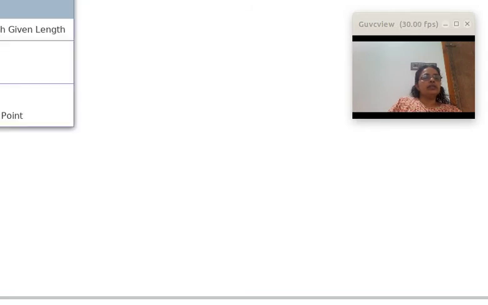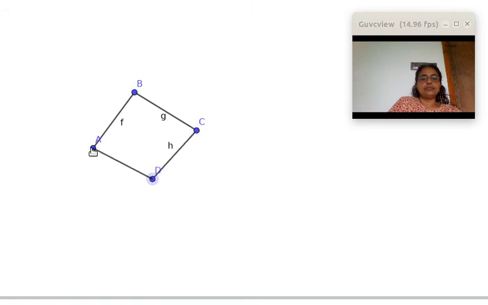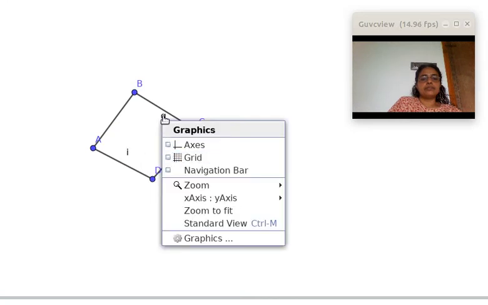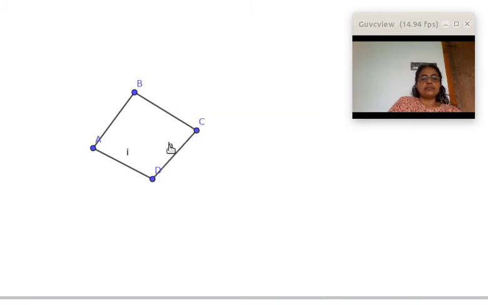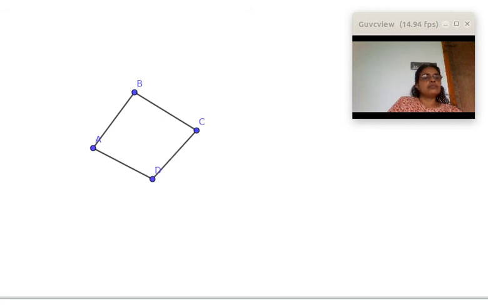First, we draw a quadrilateral. Here, a quadrilateral ABCD.